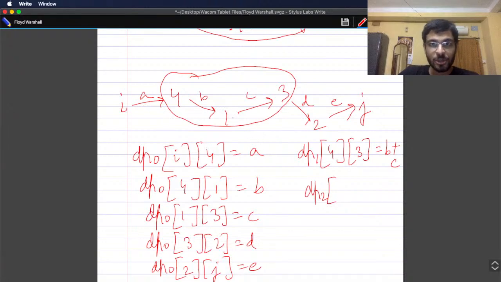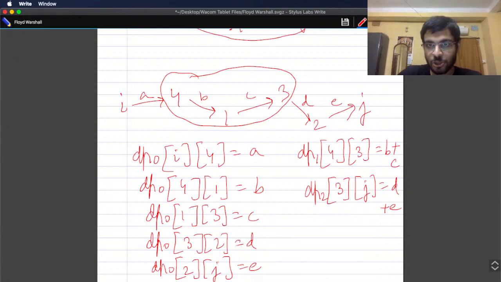One is, in order to reach 3 to j, we are getting a good path. We are getting 3 to j equal to d plus e. Okay, we have not yet found another one, so this is the only good path.